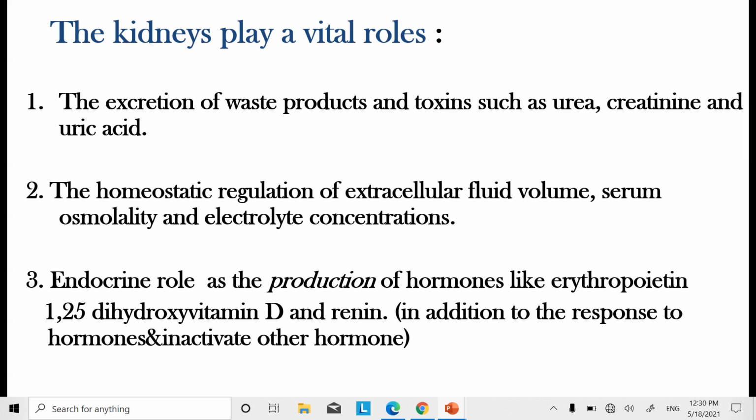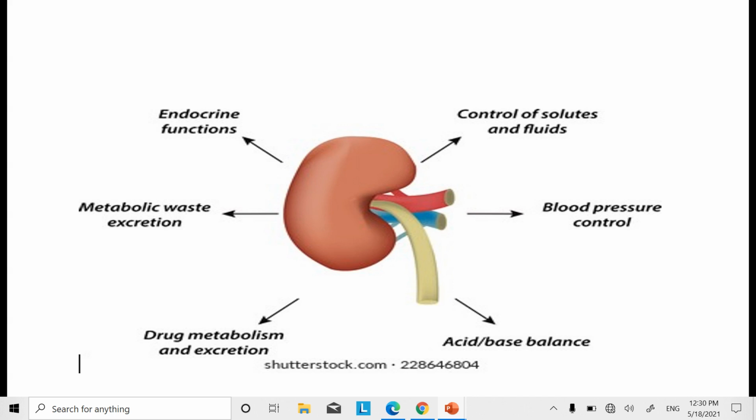All these effects and functions of the kidney may be affected if there is impairment in the renal function. So it's important for electrolyte and fluid balance, for blood pressure control by the renin-angiotensin system, important for acid-base balance through the removal of the acid in the urine, and reclamation or regeneration of the bicarbonate.